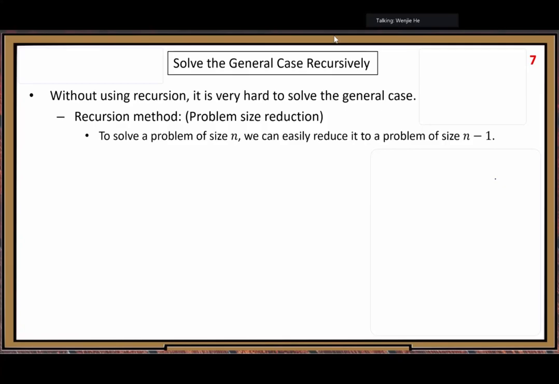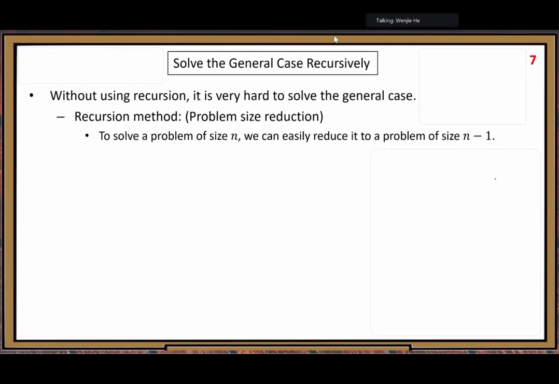Now specifically, what kind of size reduction? We have many different ways to do size reduction. Divide and conquer: when we divide the problem, we have many different ways to divide it. Here we use one special way, size 1 reduction.